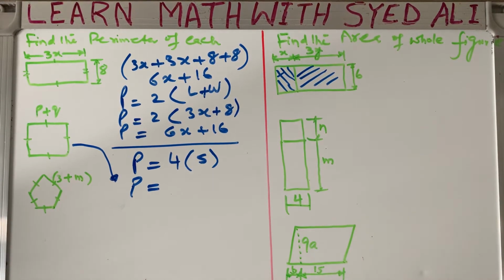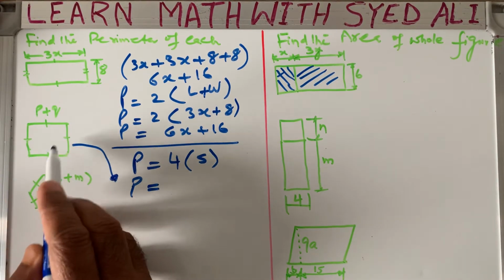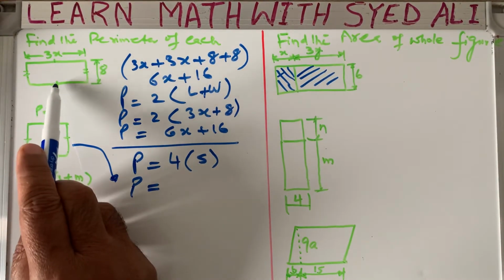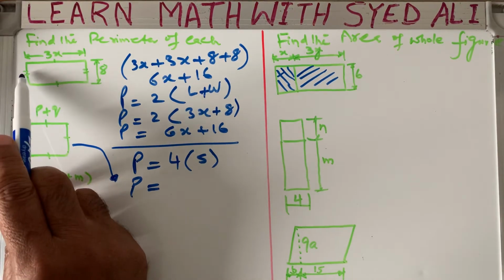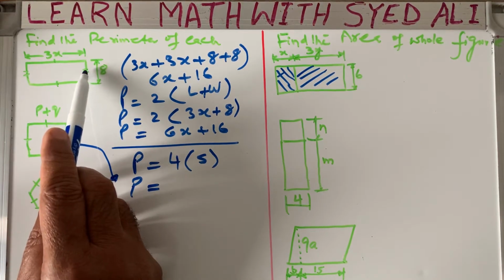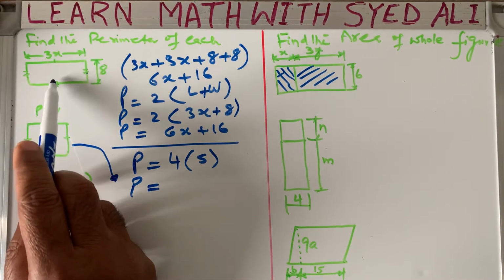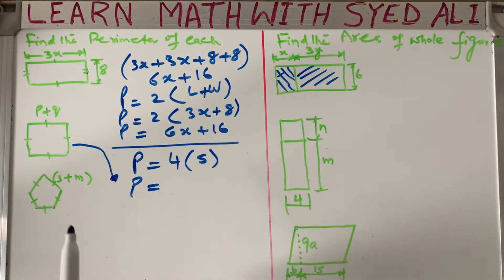But anywhere, if you see a small dash on a line, that means they are equal. Here, this is one dash, one dash, so these two sides are equal, and the double dash, double dash, so these two sides are equal. And we know that in a rectangle, lengths are equal and widths are equal. That is how you need to recognize it.